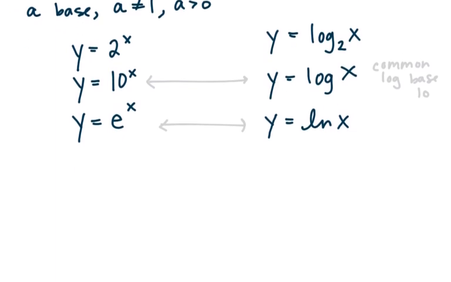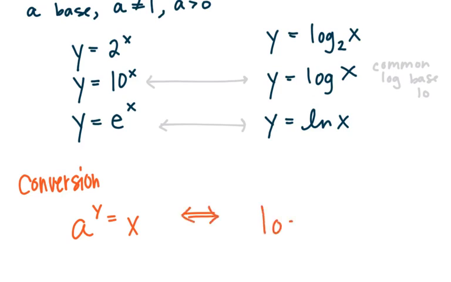One very helpful property we use is our conversion formula. It is important to be able to convert between logarithmic and exponential form. So we may have some base a to the y equals x. And what we know is that can be converted into logarithmic form: log base a of x equals y.